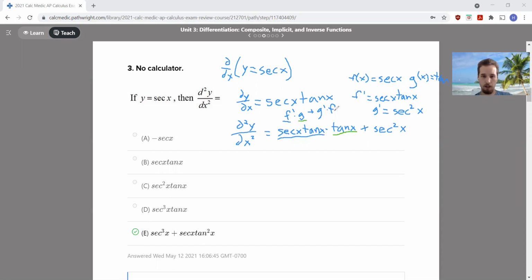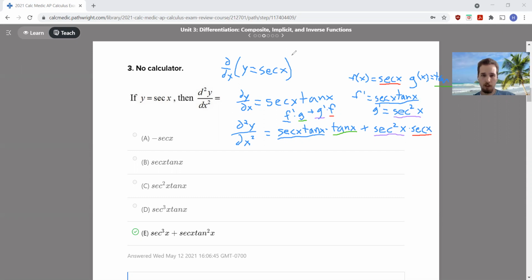And then f is just going to be secant. F is secant, g prime is secant squared, g is tangent of x, and then f prime is secant tangent right here.